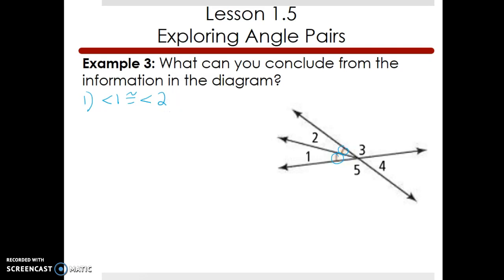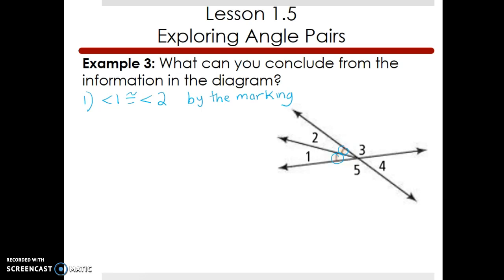If they did not have those markings, we cannot assume that. So I'm just going to write by the markings so we know why they're congruent. Again, if they did not have those markings, we cannot assume it.